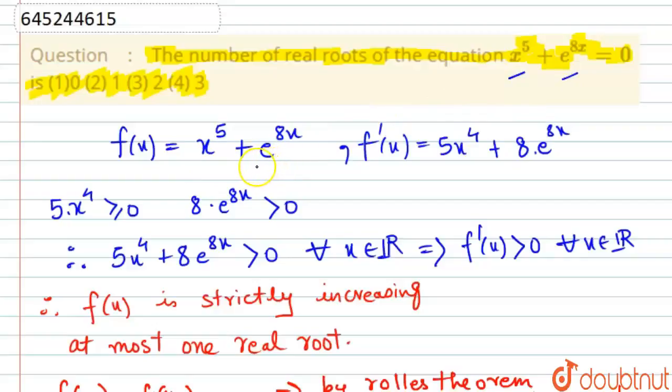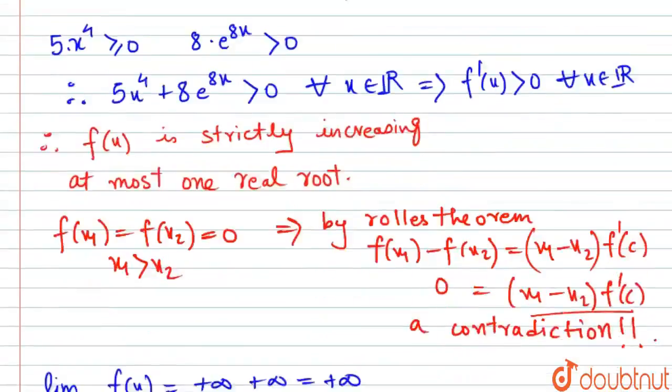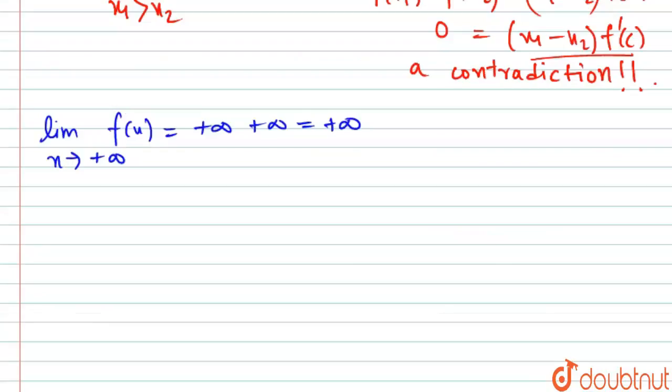Now as x goes to minus infinity, x^5 being odd, the first term goes to minus infinity, and this goes to 0 because 8x goes to minus infinity, so e^(minus infinity) is 0. So therefore f(x) goes to minus infinity plus 0, that is minus infinity.